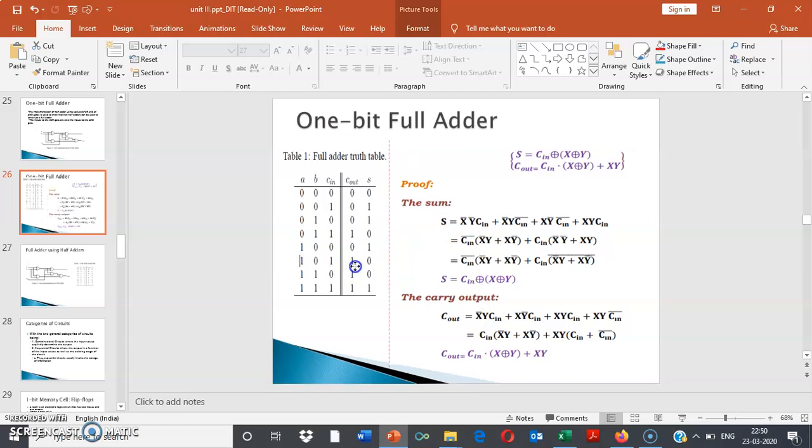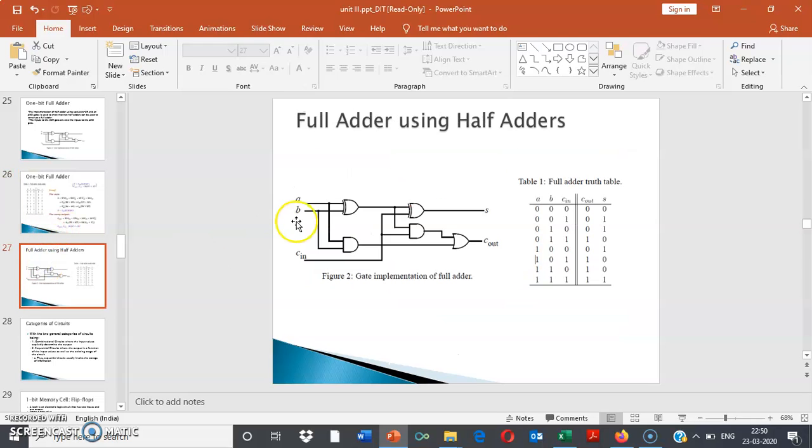The equation for the sum is S equal to C in XOR X XOR Y. That means it is XORing all the three inputs. So let us check here. See A XOR B, and again this C in has come here. So XORing means A XOR B XOR C in is the output. So with two XOR gates, we get sum.